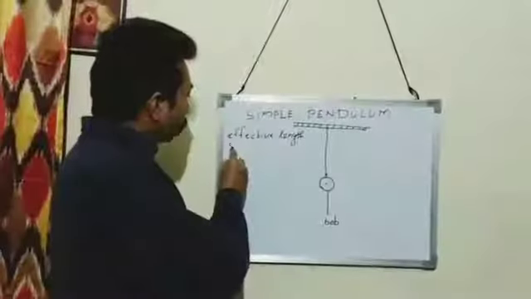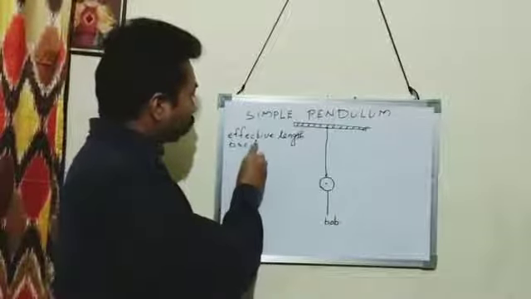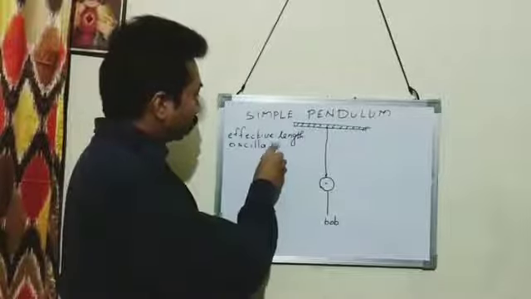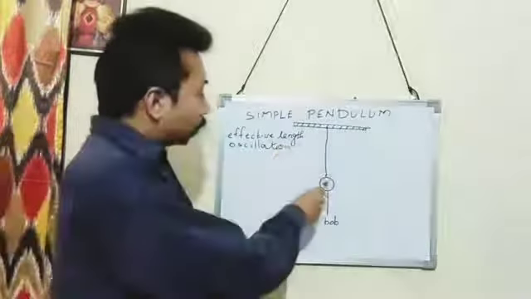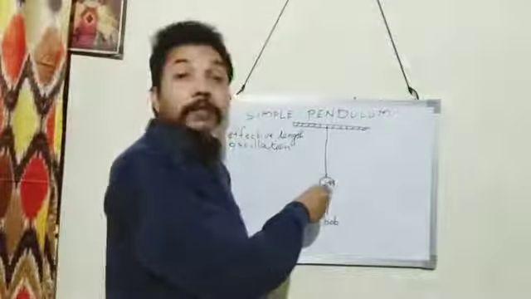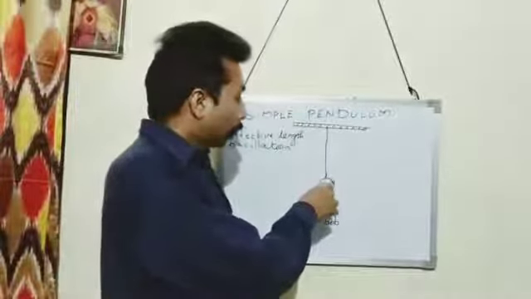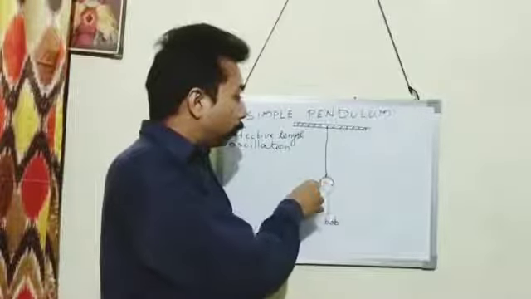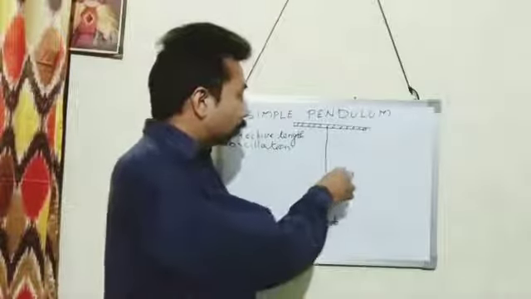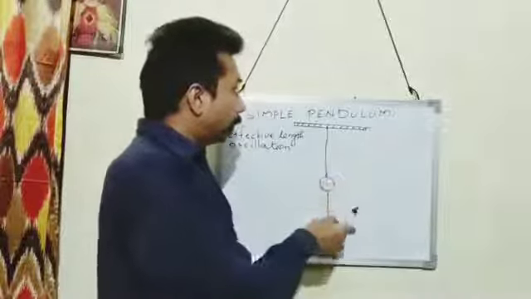Now the next term is oscillation. When this bob is disturbed from its mean position, it starts to move on either side.